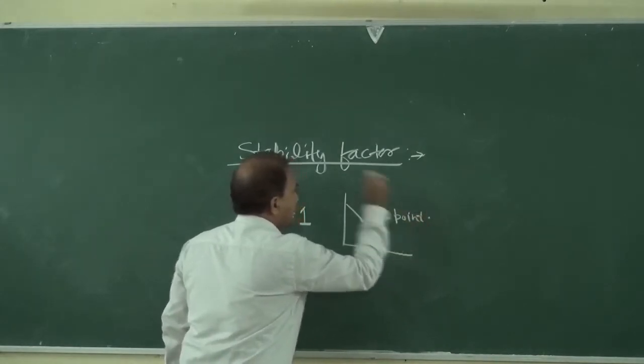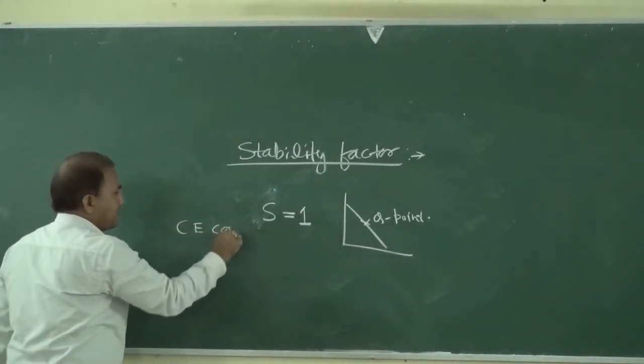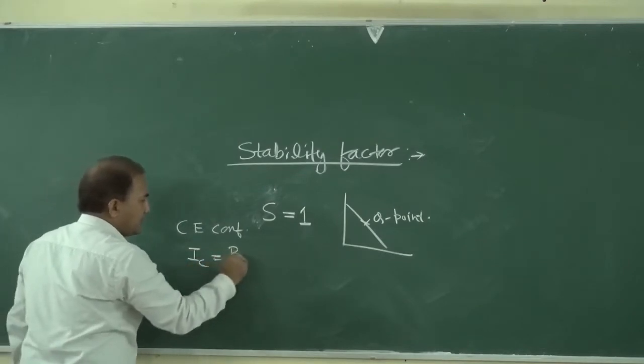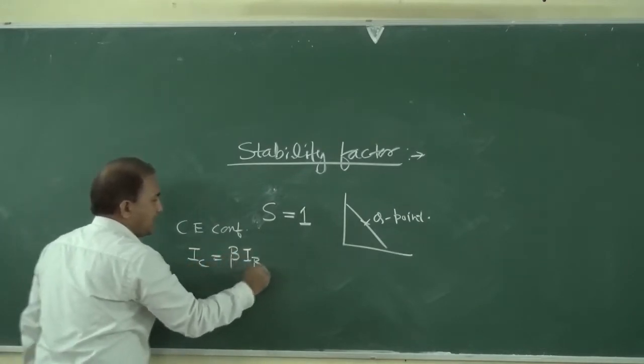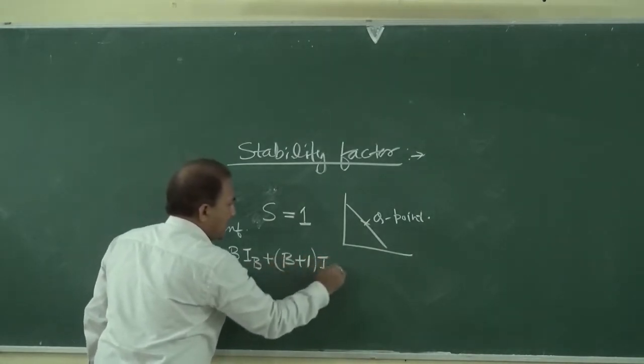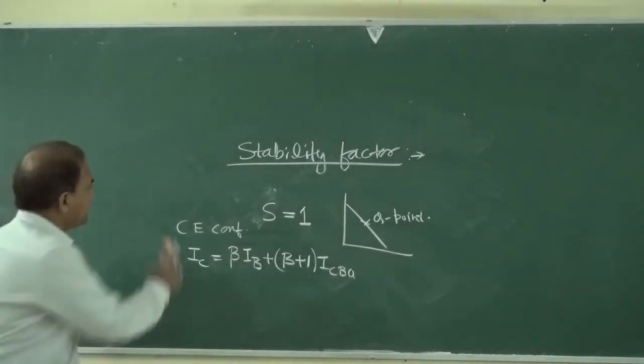In the case of common emitter configuration, IC is equal to beta times IB plus (beta plus 1) into ICBO. We can write the expression for IC like this.